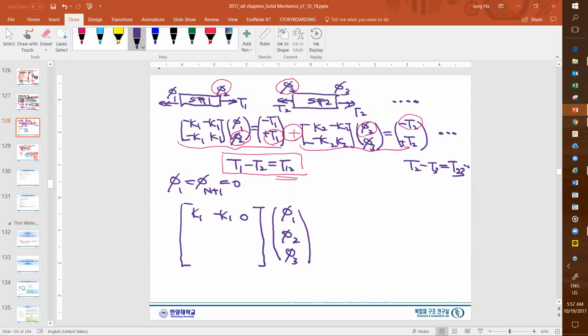And the second equation will be minus K1 and plus K2, I'm sorry, K1. And now this one is important because this second equation and that equation will be added.